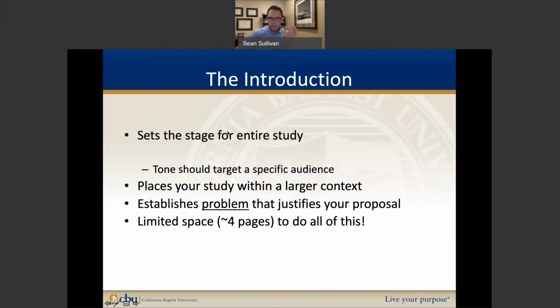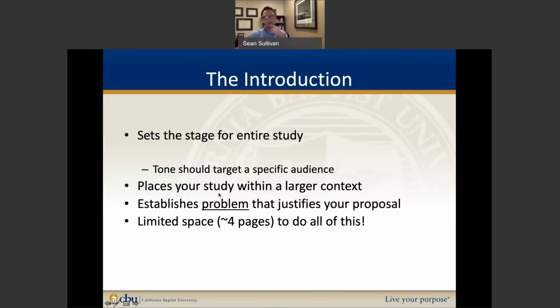So the introduction section, the first part of your proposal, with the subheading introduction, sets the stage for the entire study. So it sets a tone for a specific target audience and basically draws the reader in to show why should we care. So it places your study within a larger context or discussion in the research.